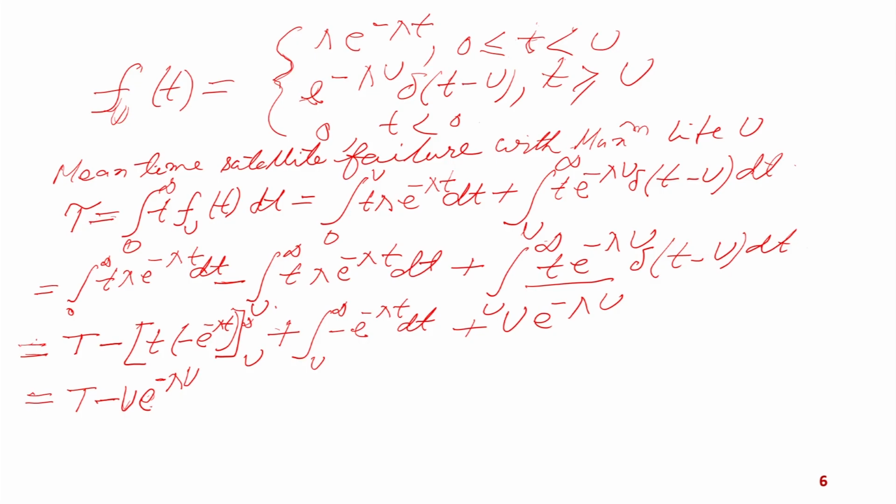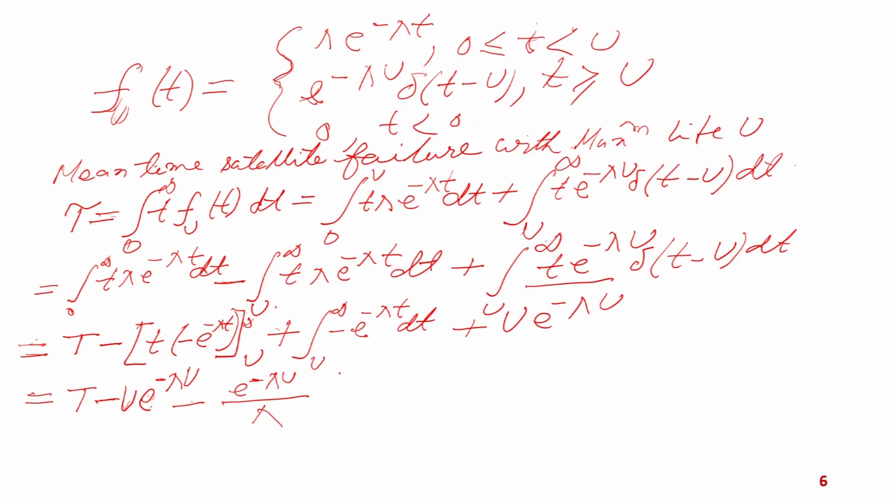So, that is why I can write at t is equal to infinity, this whole term is equal to 0, and then a minus term will be there. So, minus minus and another minus. So, it is minus u e to the power minus lambda u, and this I can write as minus u e to the power minus lambda u by lambda.